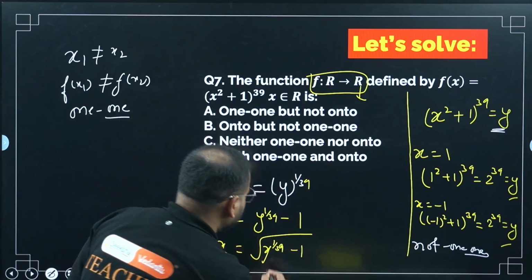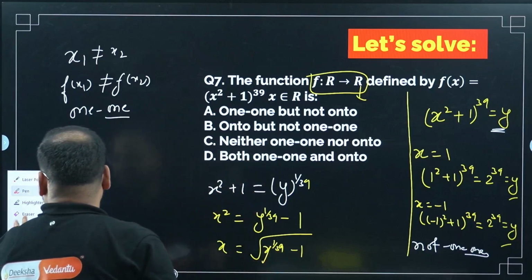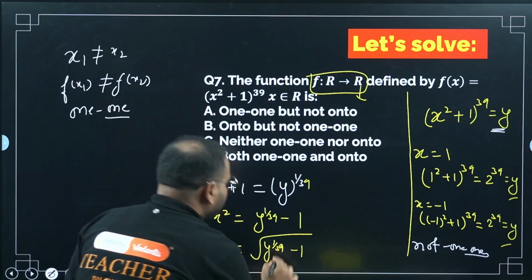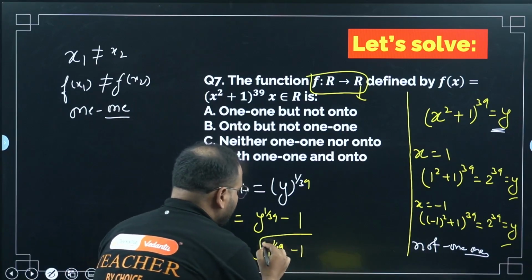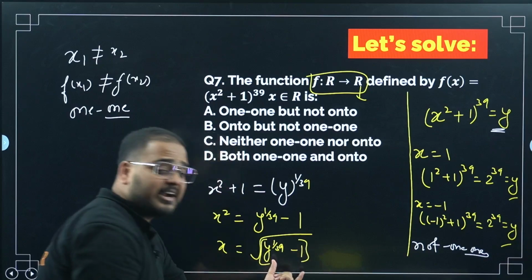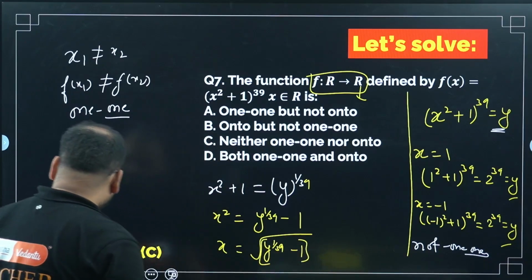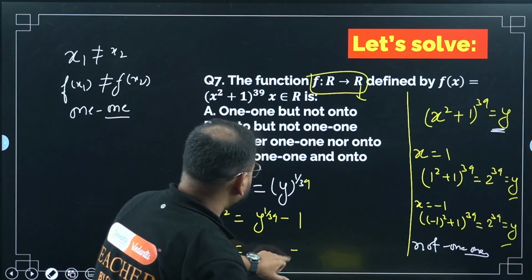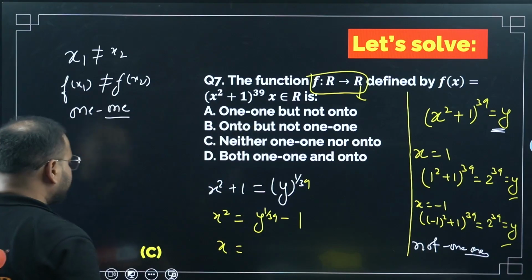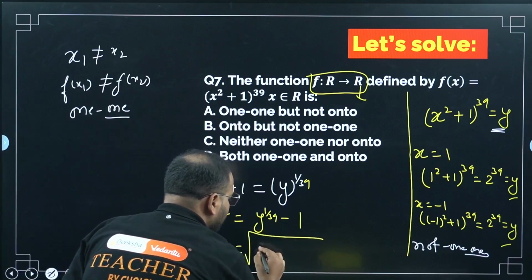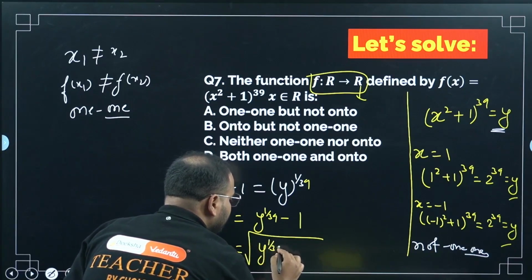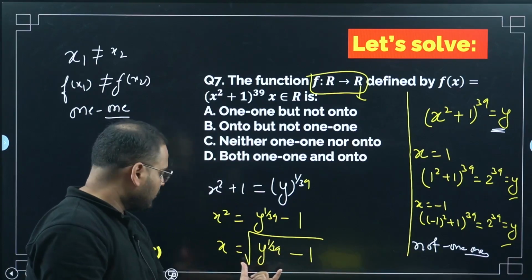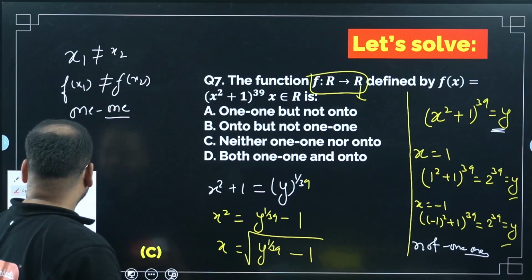Let me write it again. y power 1 by 39 minus 1. The inside value cannot be negative.